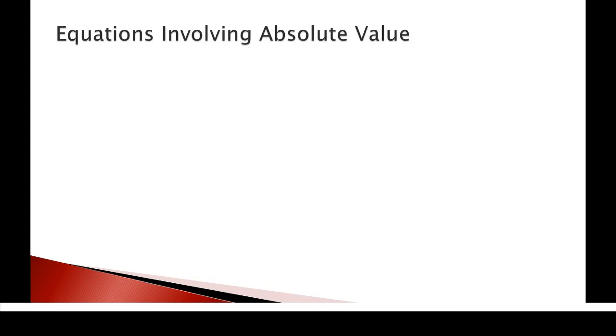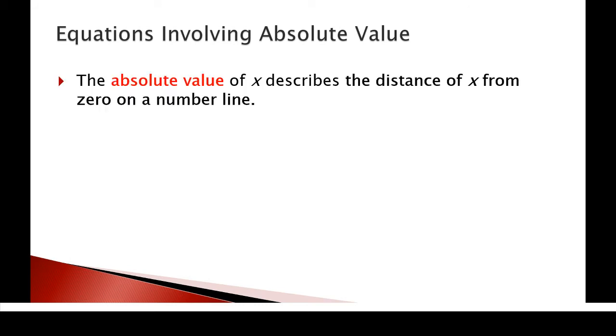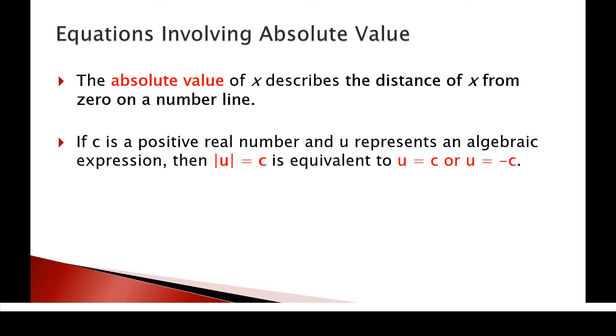Now let's look at equations involving absolute value. Absolute value of a variable, what does it mean? It means the distance of x from 0 on a number line. How far away x is from 0 on a number line.